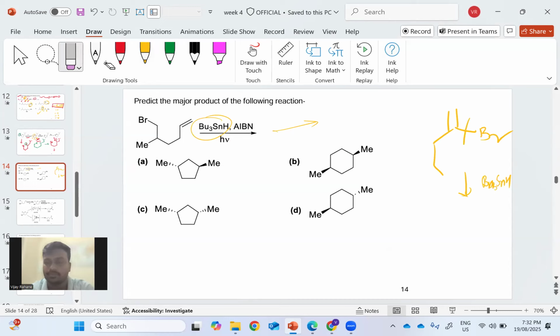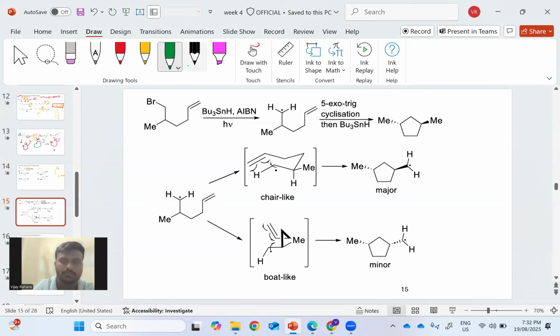So this bond cleaves homolytically and gives the radical at this position. But in this case, there is a slight difference. When this Bu3SnH reacts, the bromo is here, so homolytic cleavage of this bond takes place. It gives a radical here.